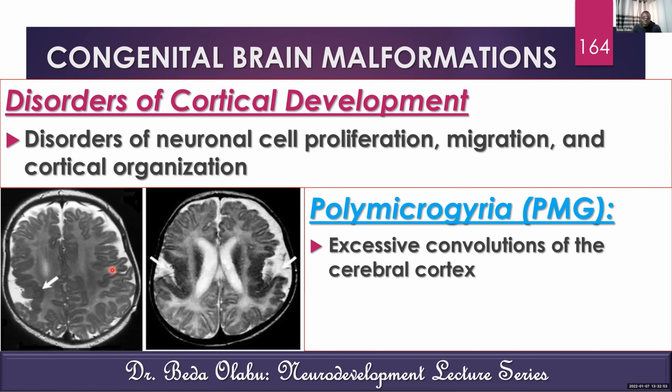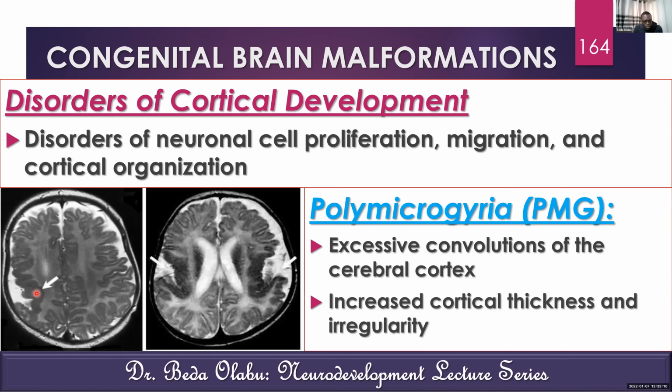So polymicrogyria: excessive tiny convolutions of the cerebral cortex. However, there are some regions where the cortex appears really thickened, like in that region pointed there. And in those regions of thickening, there's some significant level of irregularity. That is PMG.